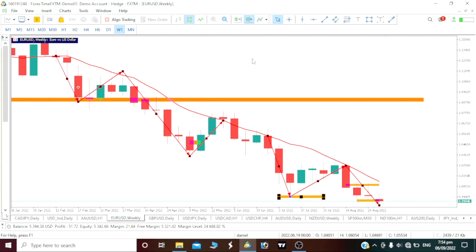Fundamentals say that our euro will be dropping against our USD. The technical aspects say euro is dropping, and our indicator, which is our moving average, also says we are bearish. So on the weekly time frame, if you want to trade from it, we should look to short it.